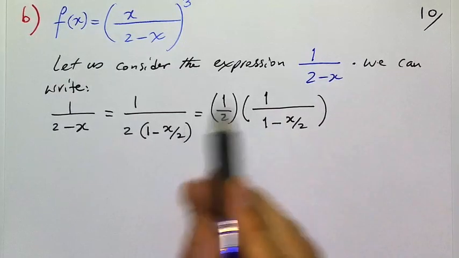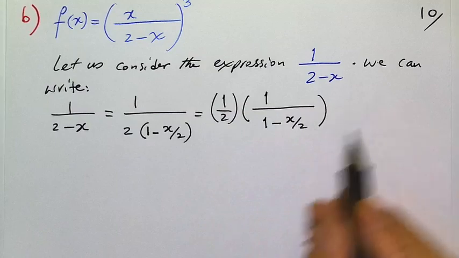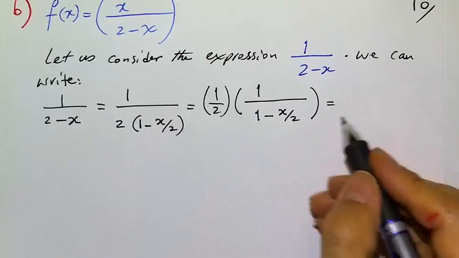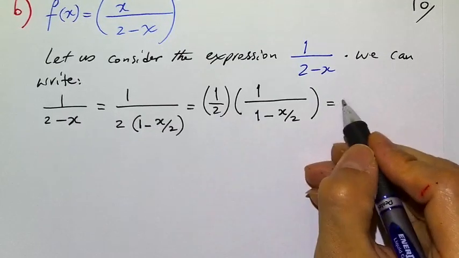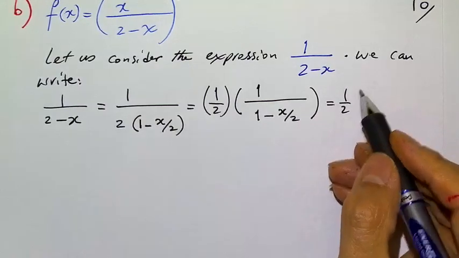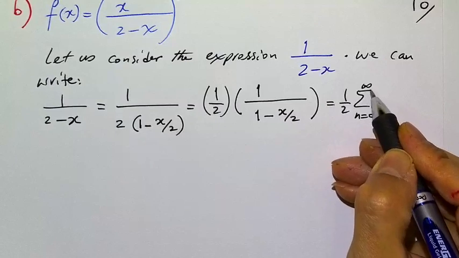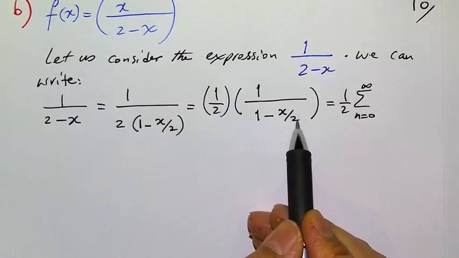Okay, so then I can add it here, but maybe let me write it here. So then we have to write this. On the power series side, 1/2 times the power series starting from 0 to infinity. Instead of x, we have x over 2, right?